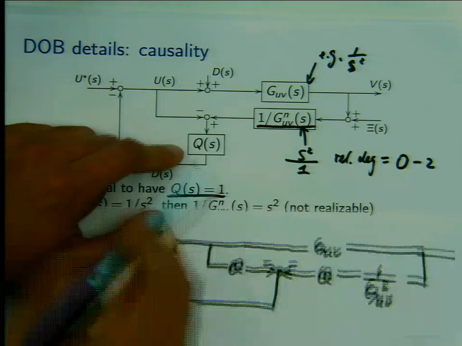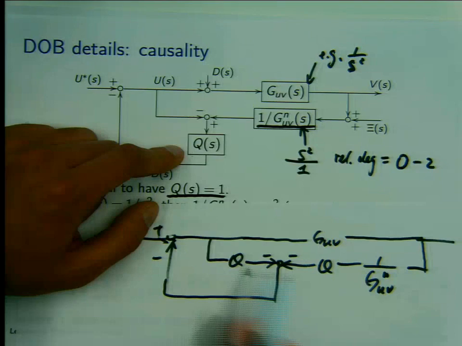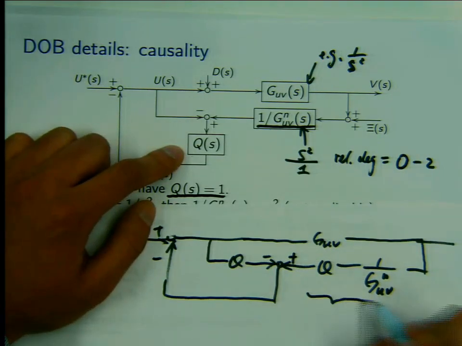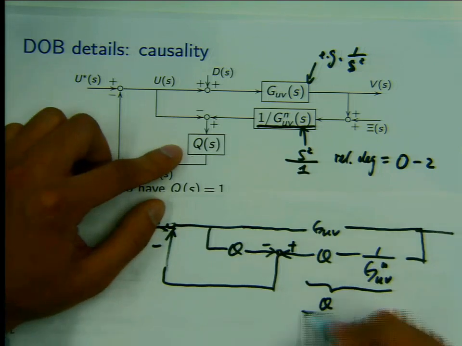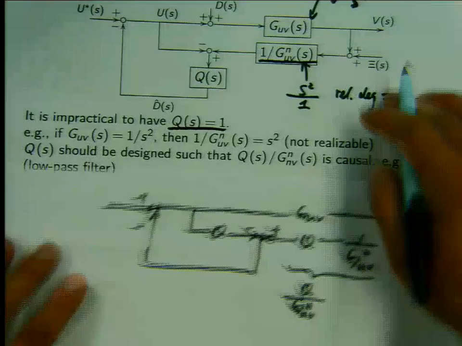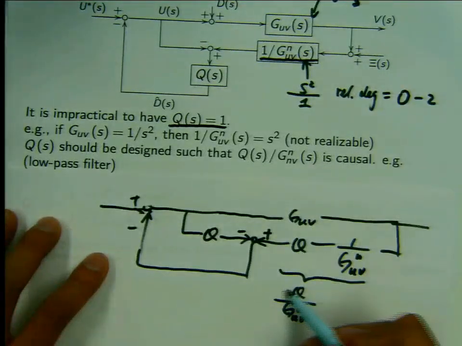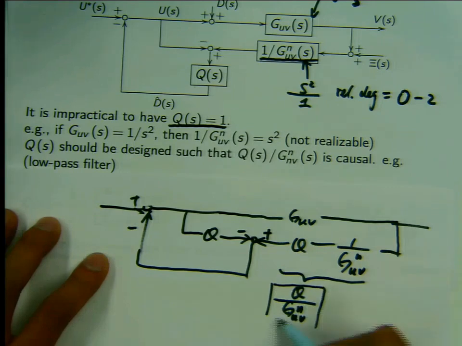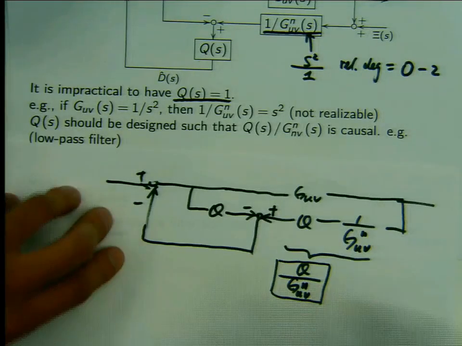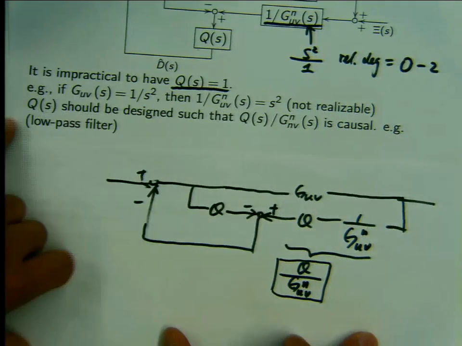Distribute, then combine these two terms. It's going to be Q divided by G_un. So the design of Q has to be made such that this guy has relative degree larger than or equal to 0. Okay.